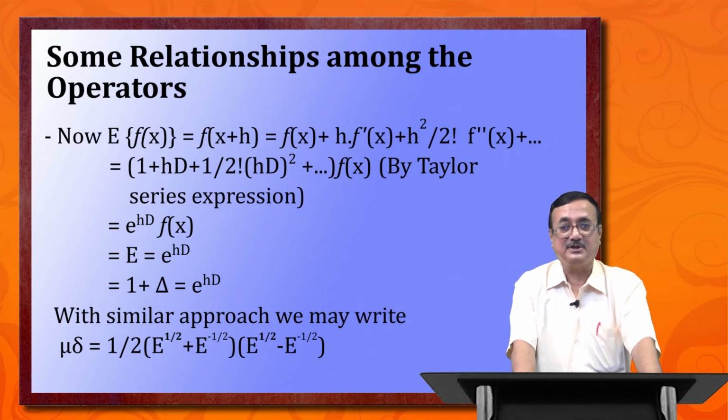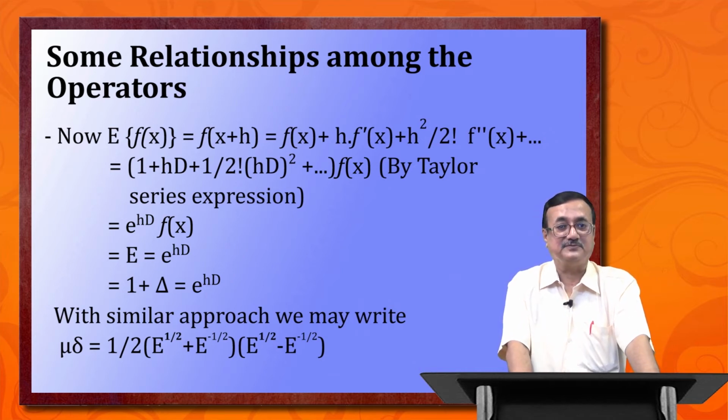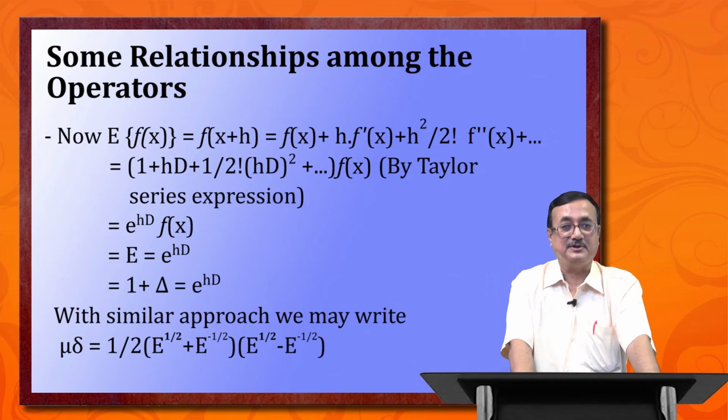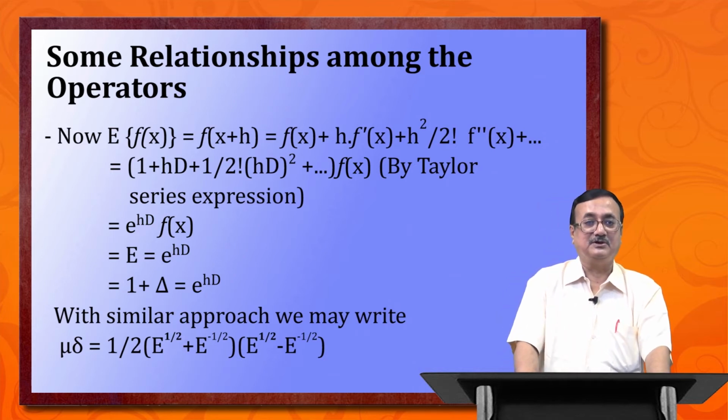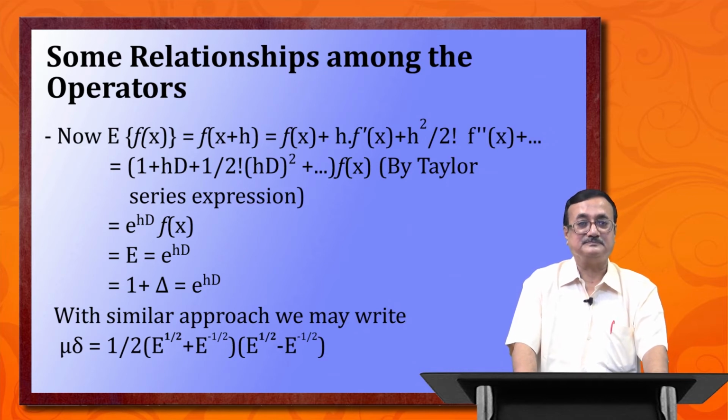This is done by Taylor series expansion using the definition of capital D, that is, the differential operator. So we have e to the power hD into f(x). Therefore, E is equivalent to e to the power hD, noting that E is equal to 1 plus delta. So 1 plus delta is equal to e to the power hD. These are the symbols we frequently use in our further analysis.